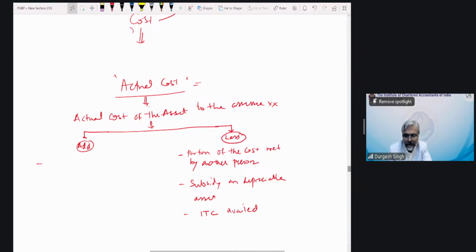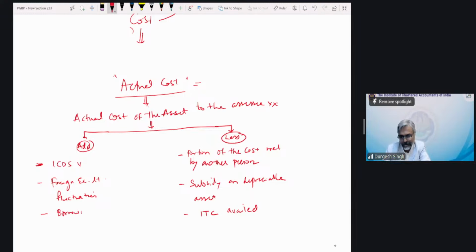What would be added, students? In the list of what has to be added, as I told you, there is ICDS 5. You can just take a note of ICDS 5. Then foreign exchange rate fluctuation. After that, borrowing cost, ICDS 9.